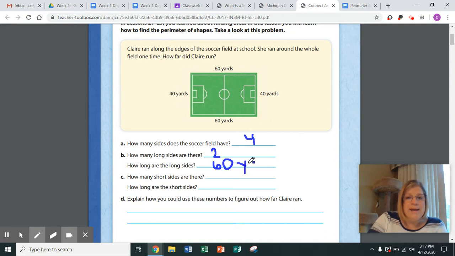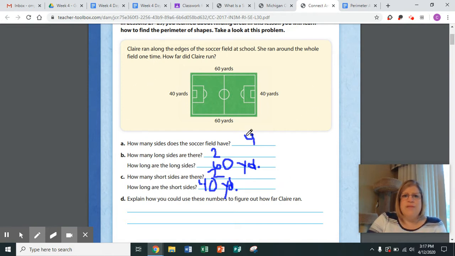It's YD, period. Okay. How many short sides? 1, 2. How long are the short sides? They are 40. 40 what? Yards. YD, period, each. Explain how you could use these numbers to figure out how far Claire ran.